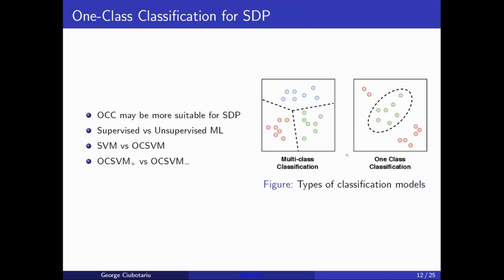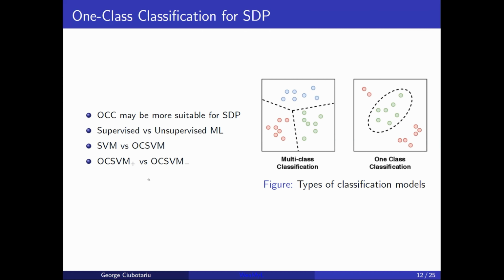However, the one class SVM, as I said, doesn't have to classify between instances. It takes the majority class and creates a hypersphere around them that encapsulates all the instances, or the inliers, and everything that's outside is considered an outlier.